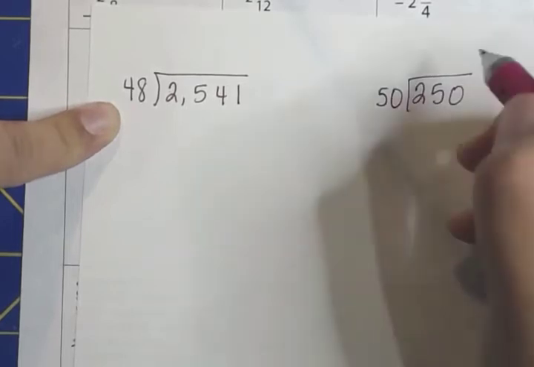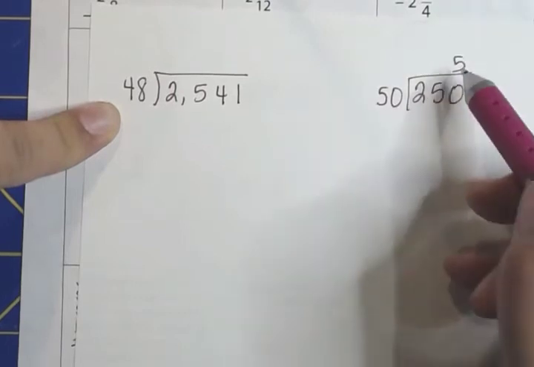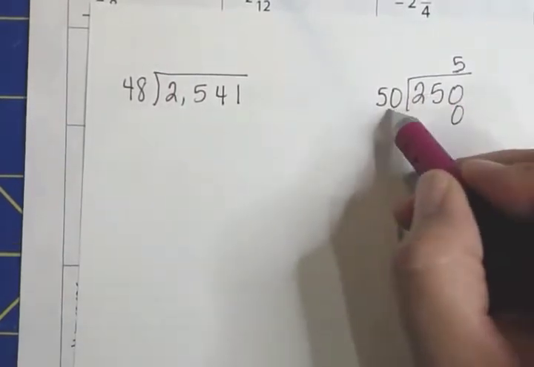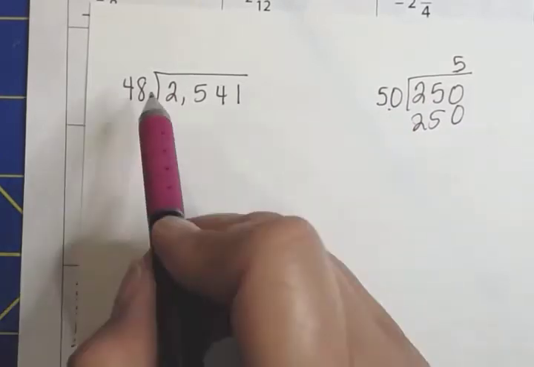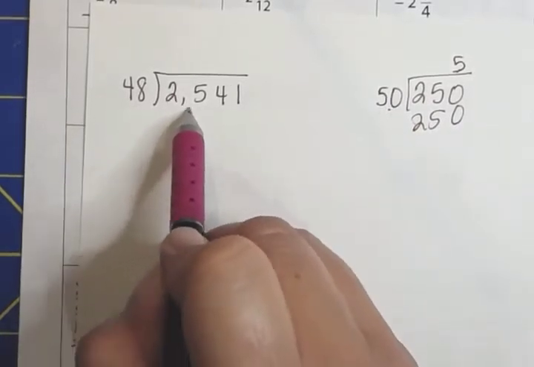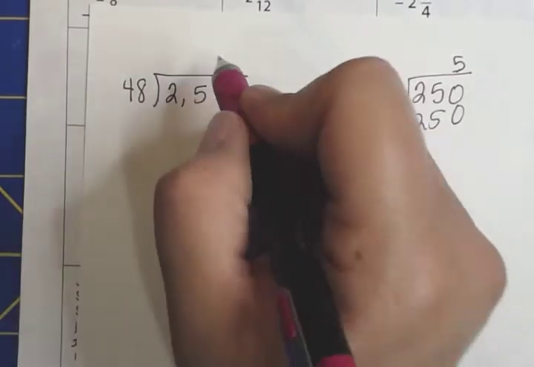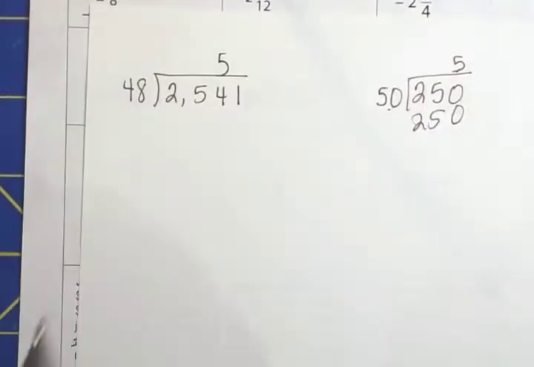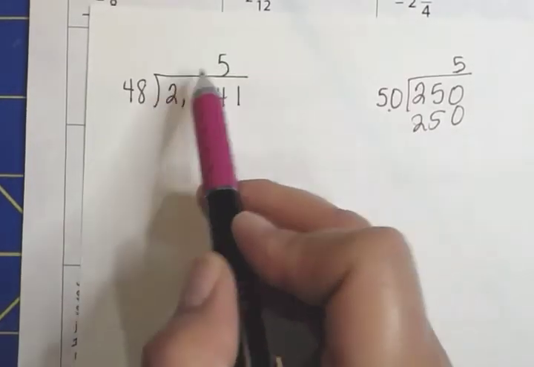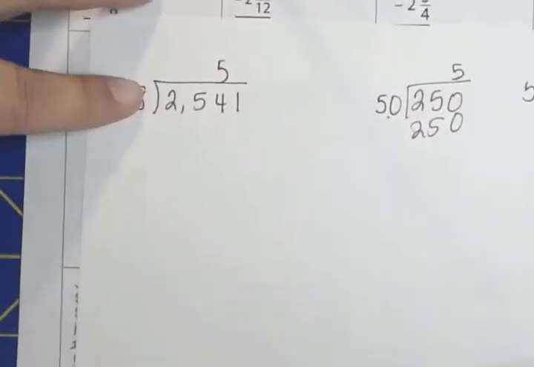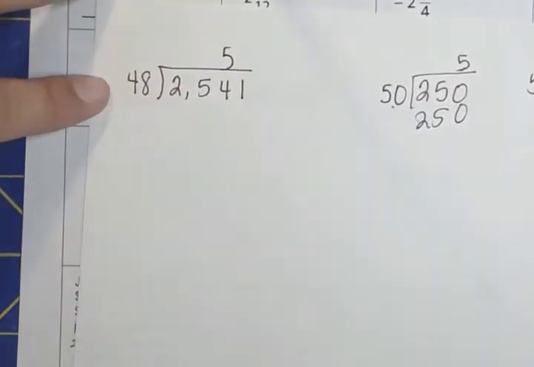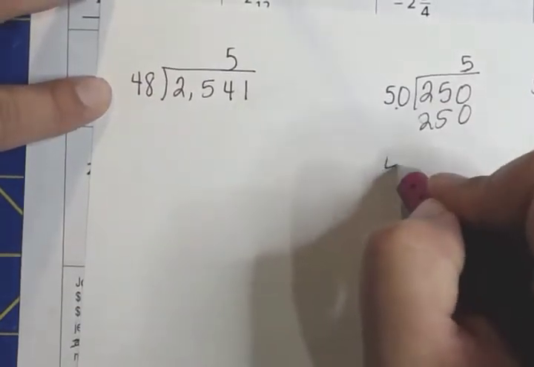So I am going to try dividing this by 48 and put a 5 right here. Then 5 times 48, let me just rewrite it down here.